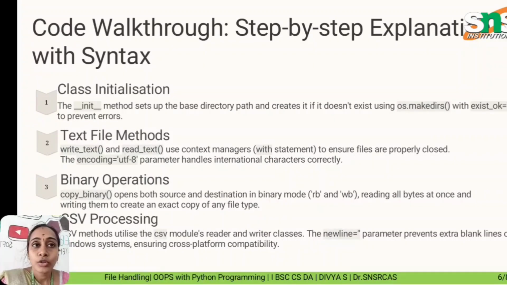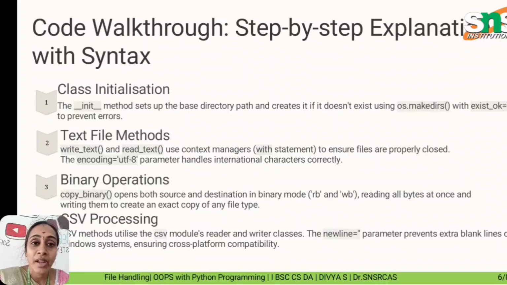So, code walkthrough, a step by step explanation of the syntax. First, class initialization, that is the init method, with the base directory path for the initialization of your program. For text files, I am writing the write_text and read_text methods with the with statement, which ensures that the text file is closed after reading or writing.